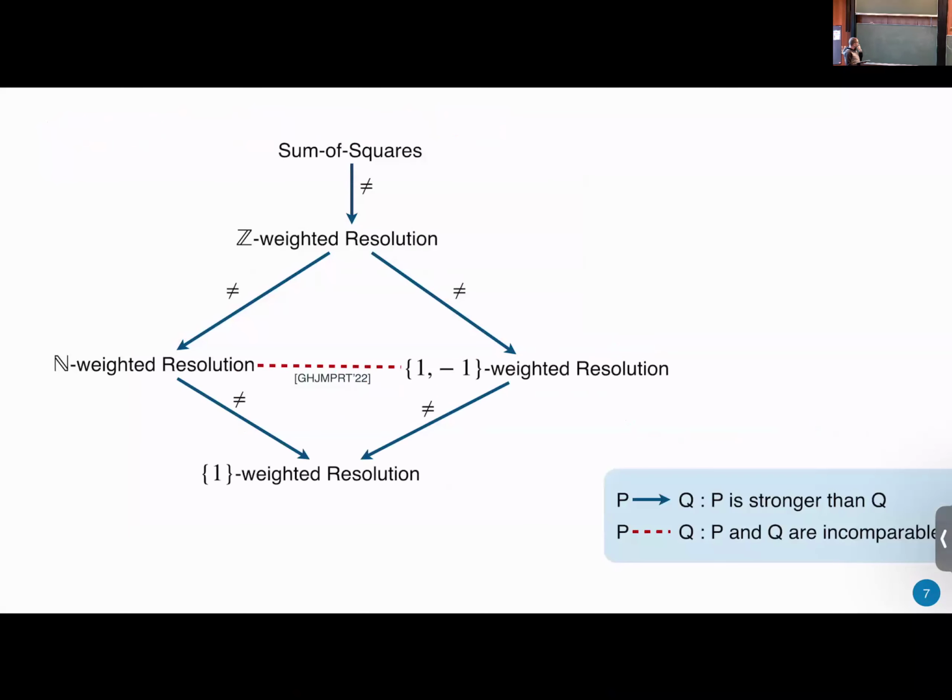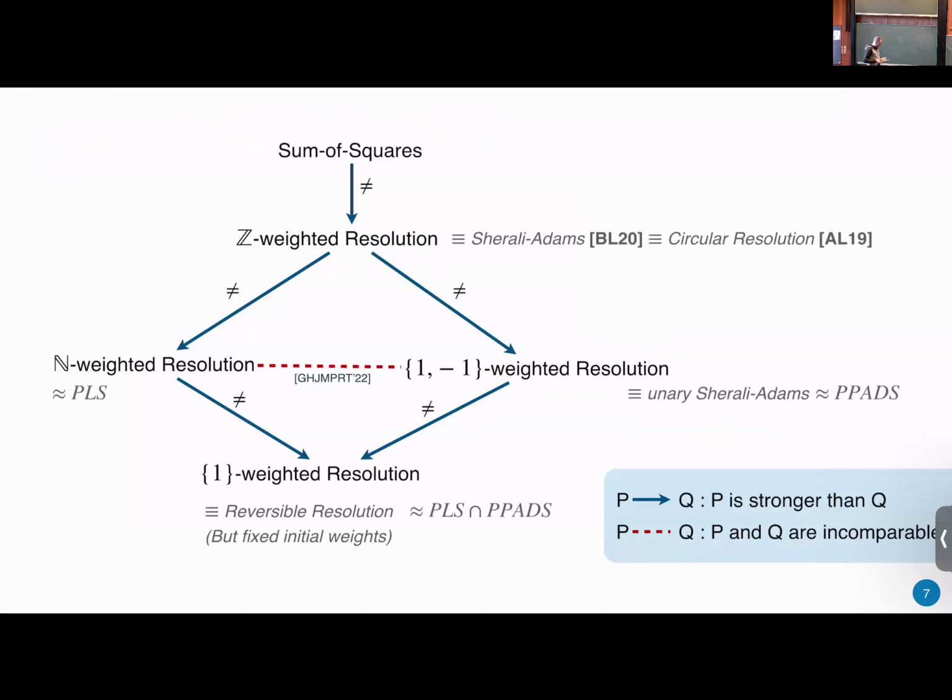Okay, so this is one picture, and then I put this connection with other things. There is sum of squares, which is stronger than Z-weighted resolution. For simple resolution, there are two possible restrictions: natural weights, and just plus and minus 1 weights.